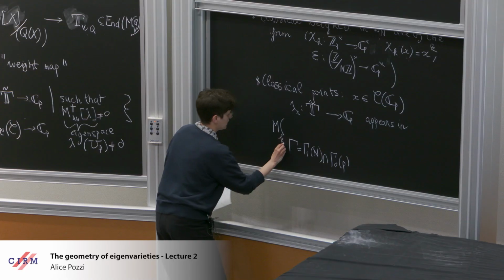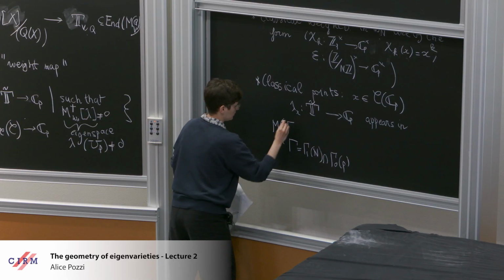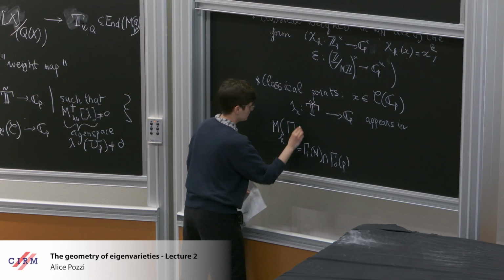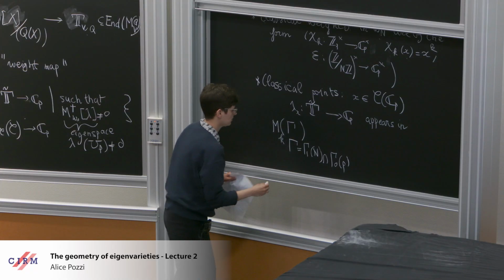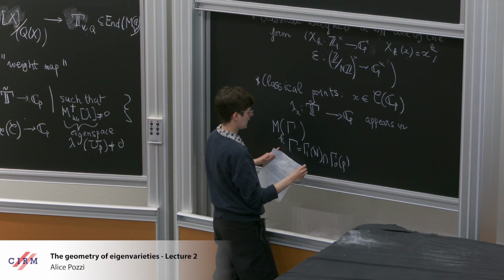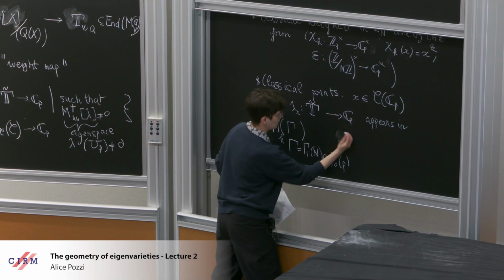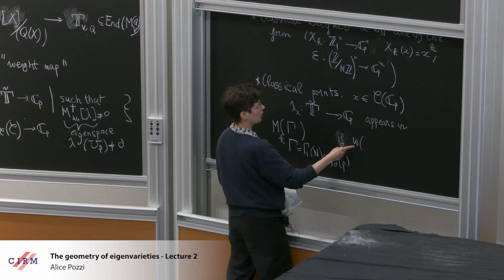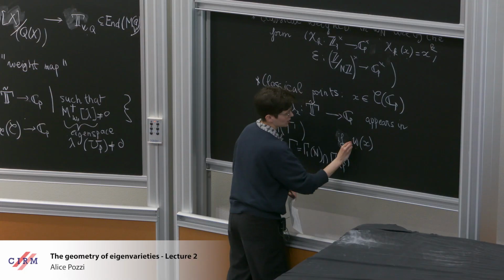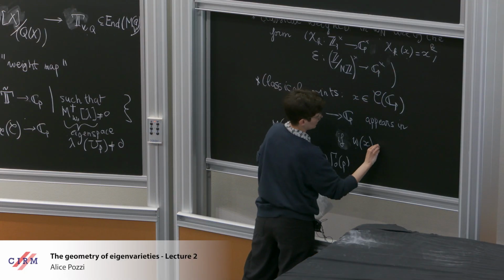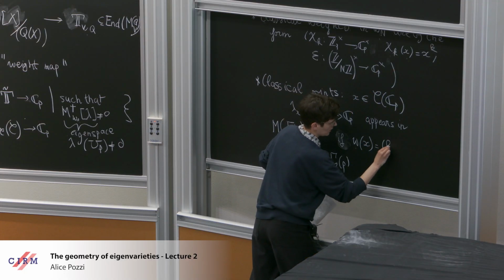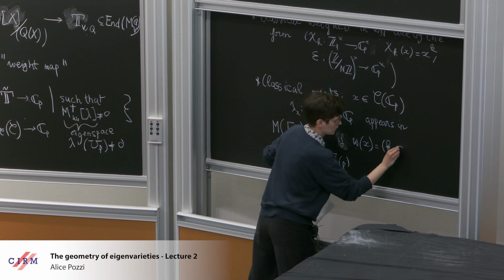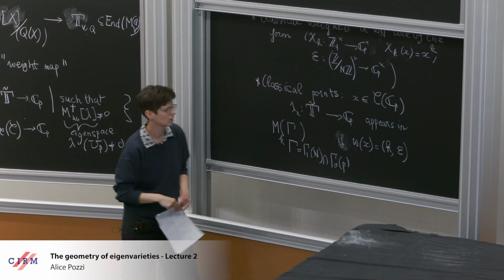I'm going to say M_k(gamma), the classical space. What is k? So, yeah. The weight of x corresponds to the classical weight k, epsilon.